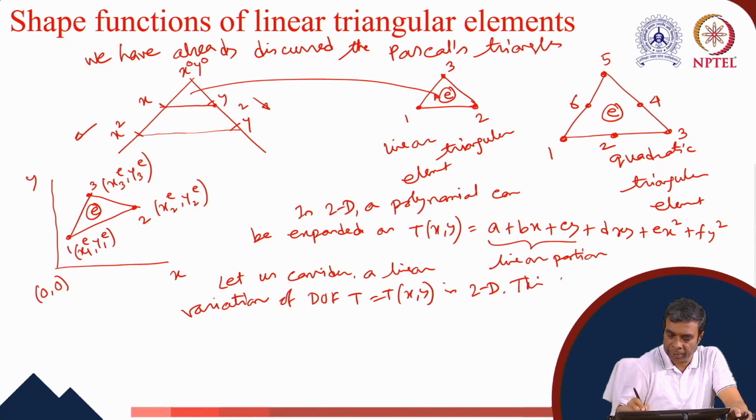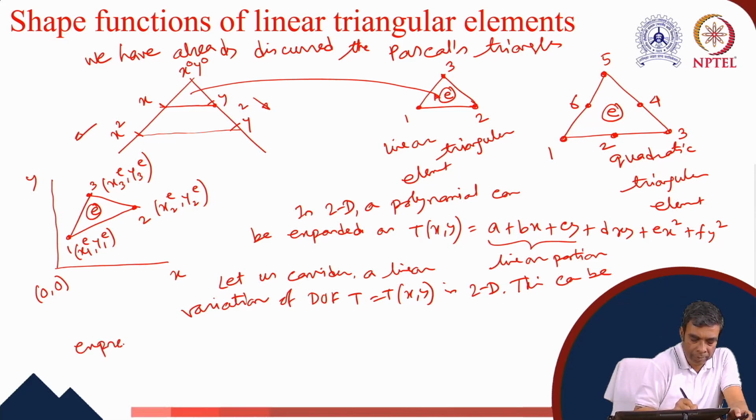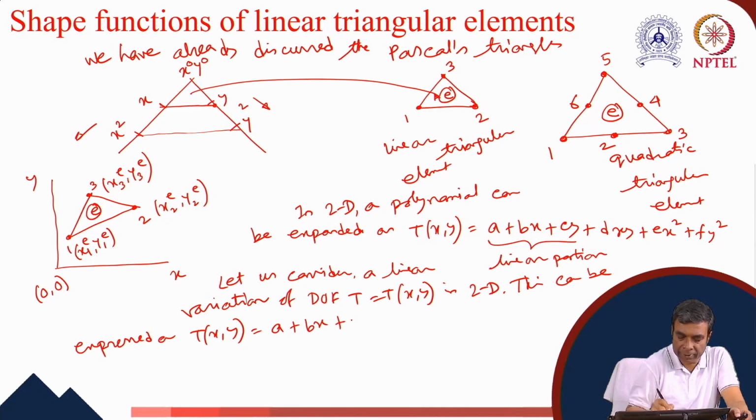This can be expressed as T(x,y) equals A plus Bx plus Cy, where A, B and C are constants, and this portion represents a complete polynomial in linear scale.